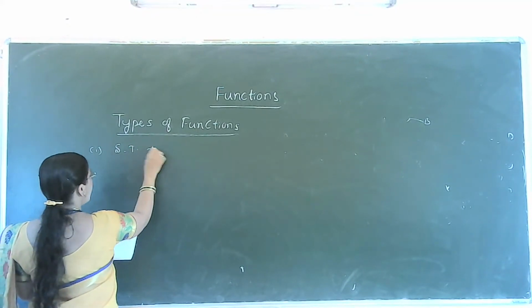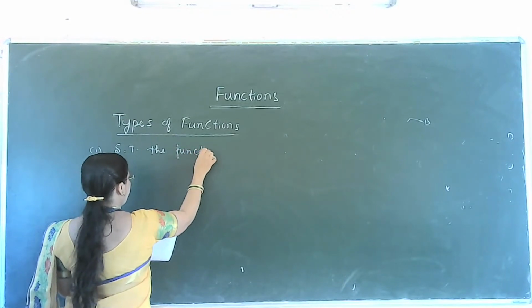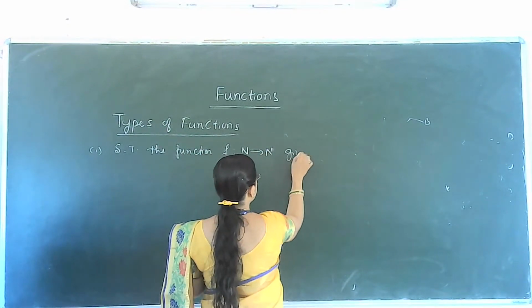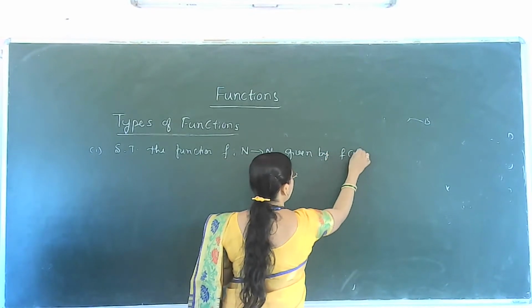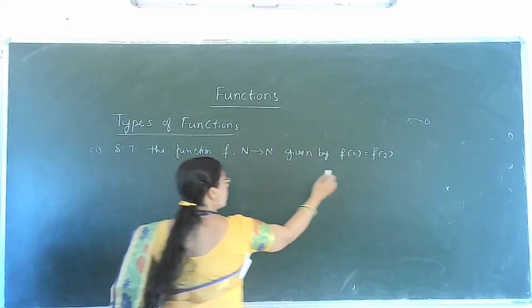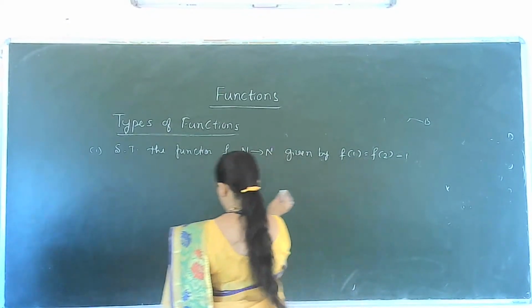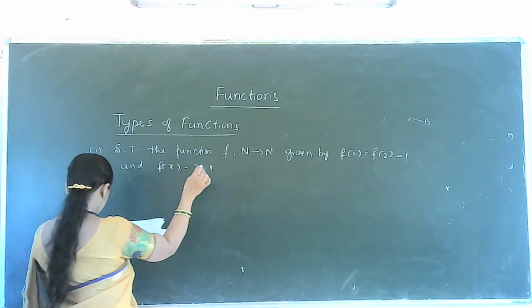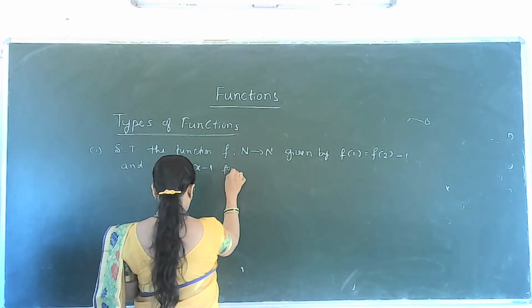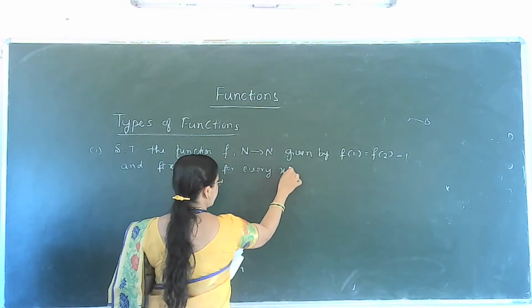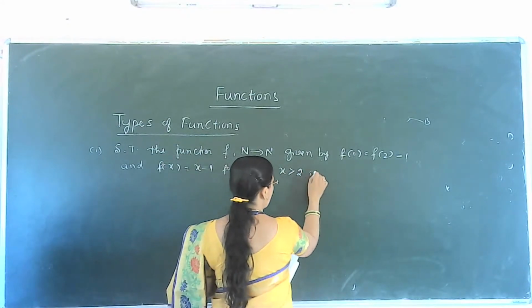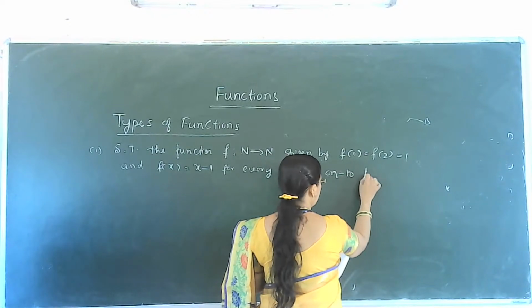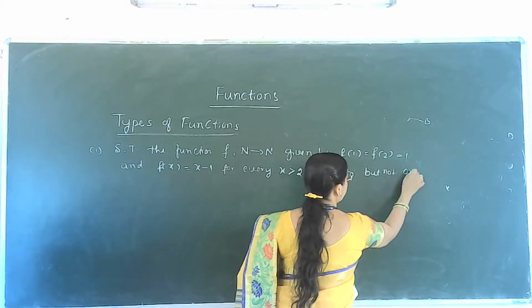Show that the function f from N to N given by f(1) = f(2) = 1 and f(x) = x minus 1 for every x greater than 2 is onto but not one-one.